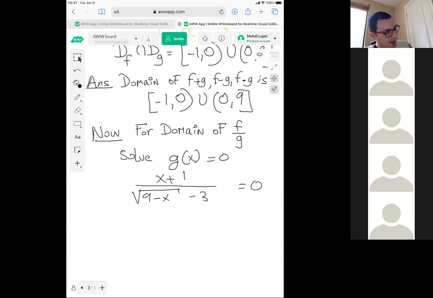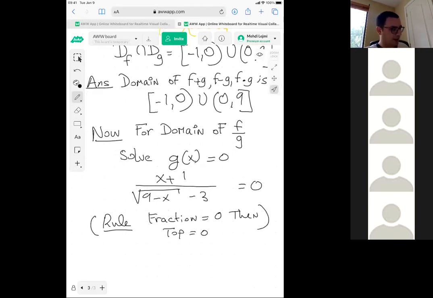Whenever I want to solve a fraction equal to 0, all you have to do is to solve the top equal to 0. So what we have to solve here is just x plus 1 equal to 0. You subtract 1, so your x is -1.